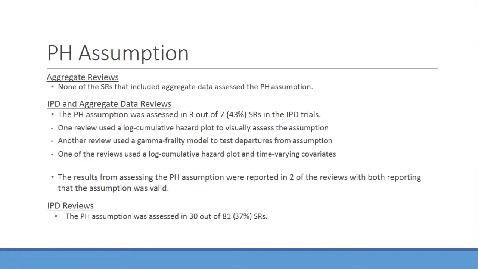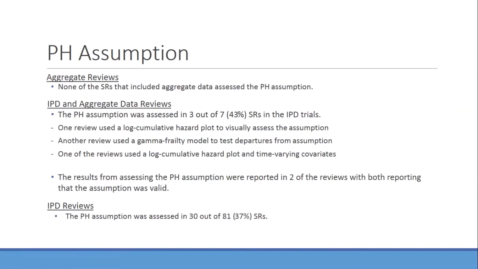So for the assessment of the PH assumption, for the aggregate reviews, none of the systematic reviews assessed the PH assumption, which is not surprising. For the IPD and aggregate data reviews, the PH assumption was assessed in 3 out of the 7 systematic reviews.